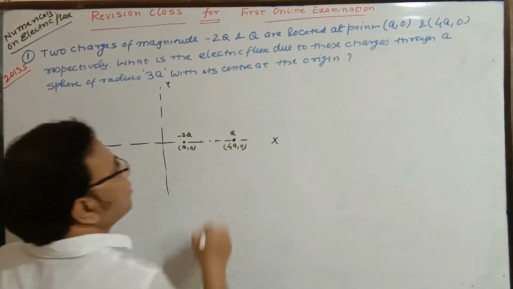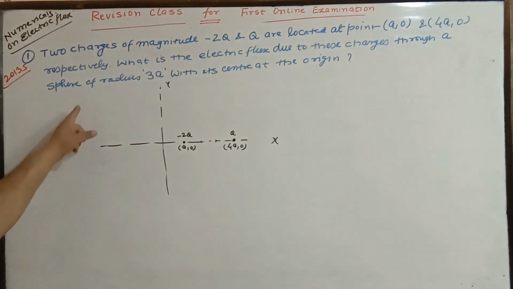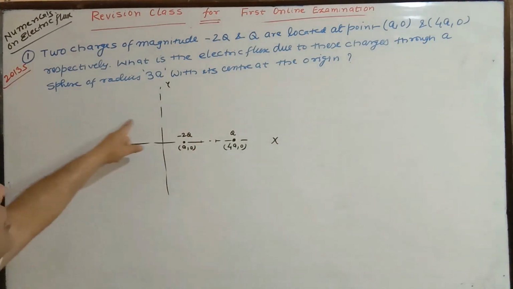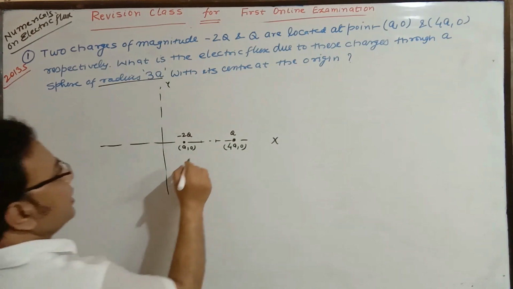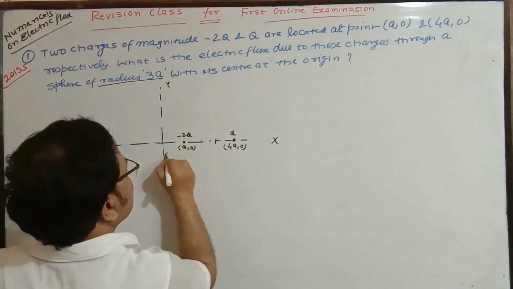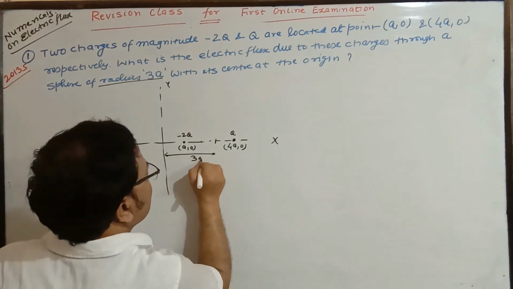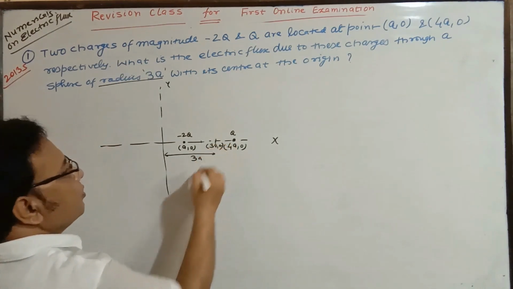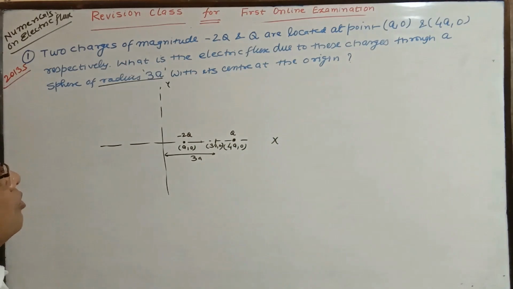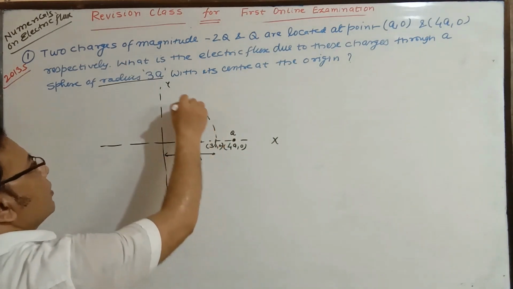This is q. You have to find the electric flux due to these charges through a sphere of radius 3a. 3a is somewhere here; this is the length 3a. So if you draw the sphere of radius 3a, it is somewhat like this.